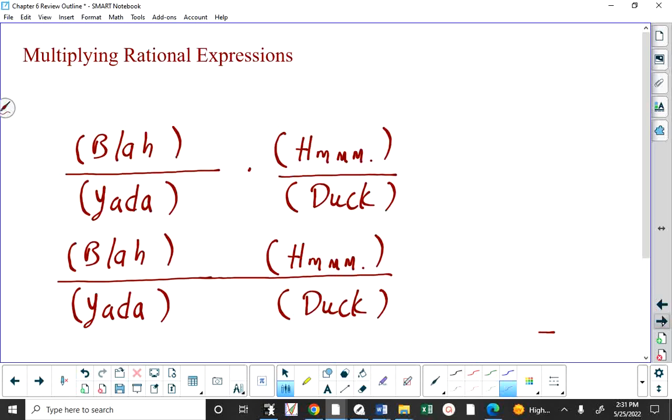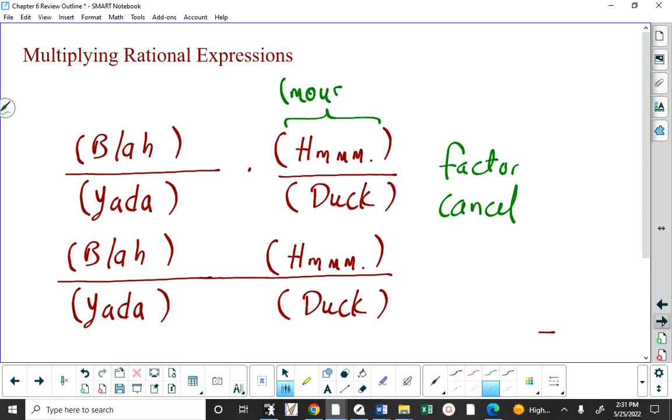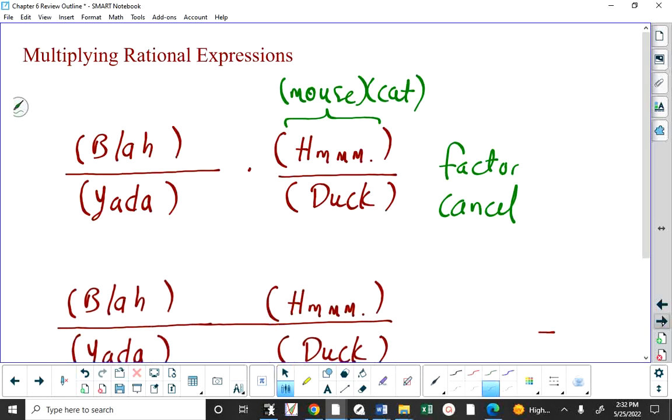So how do you multiply rational expressions? Factor, cancel. So if this happens to factor into that, and this happens to factor into this, can I cancel the two mice?